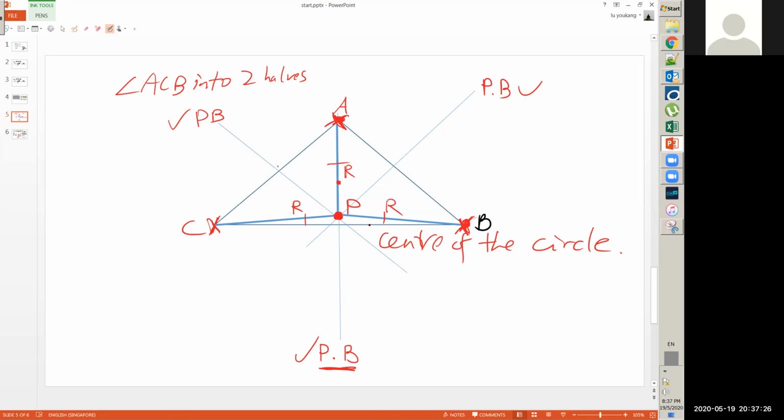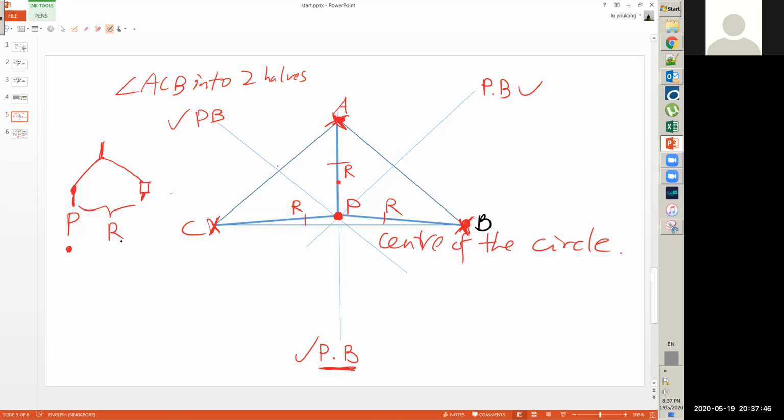So basically you use your protractor, the needle should be on point P. That means this will be your pencil, and this length should be your radius.